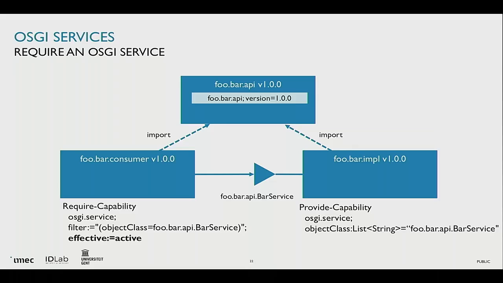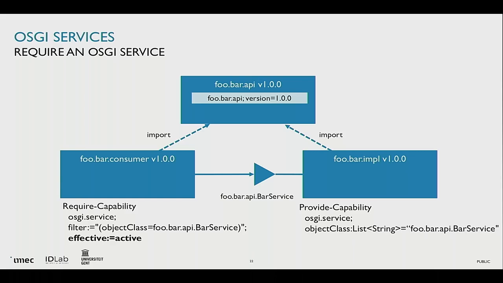And also look at the very bottom that this require capability has an effective statement. Effective means I provide this capability, but at a certain moment of time, this capability becomes effective. And the default effectiveness is at resolve time. If you have a package, whenever your bundle resolves, then it has the capability of offering that package.